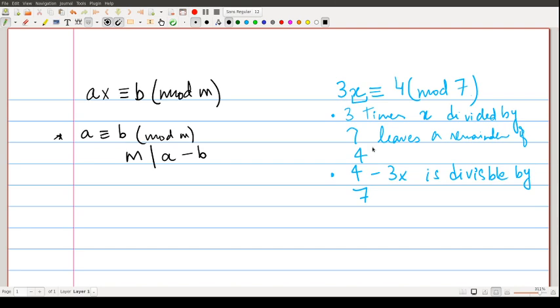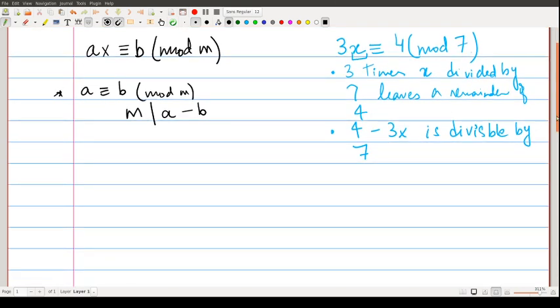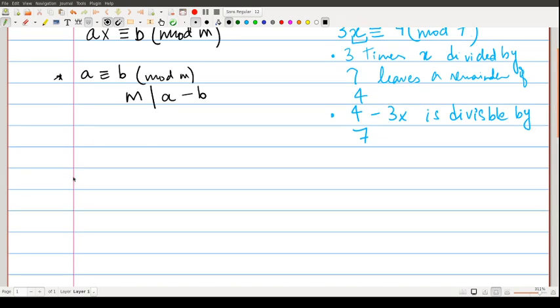And so I talked about 2 methods. The first method that I talked about was just trying out, because mod 7. The important thing is, if you're talking about mod 7, you're basically looking for a solution in these numbers 0, 1, 2, 3, 4, 5, 6. So x can be any of these values, because in mod 7 the remainder can only be between 0 and 6.